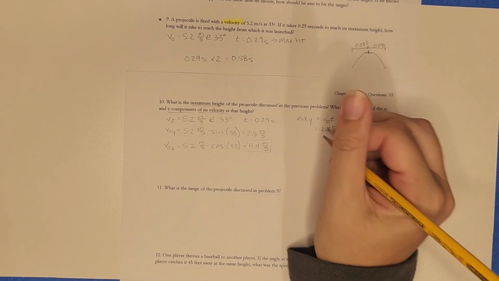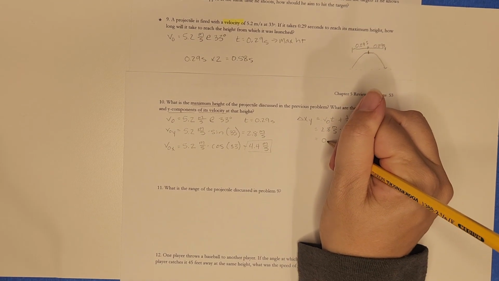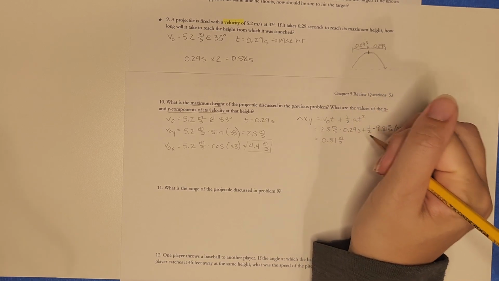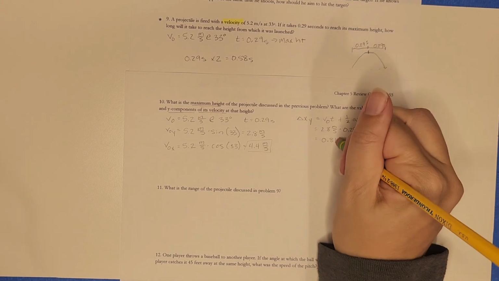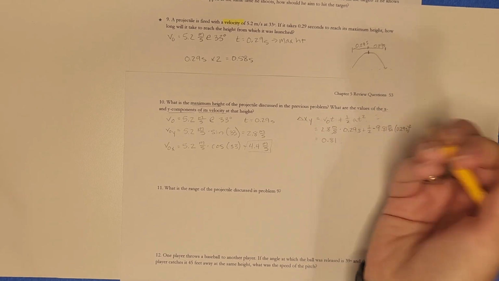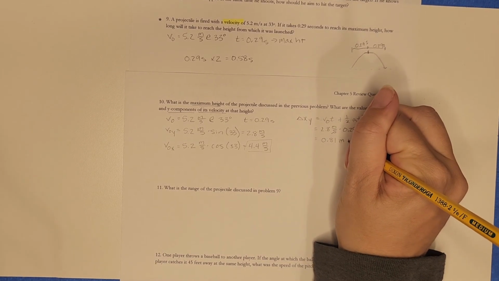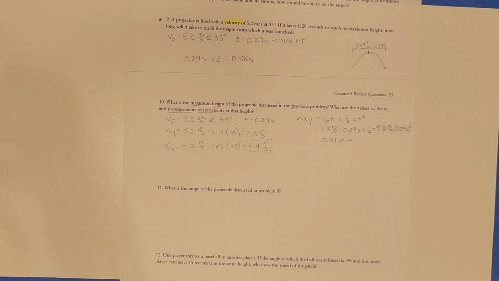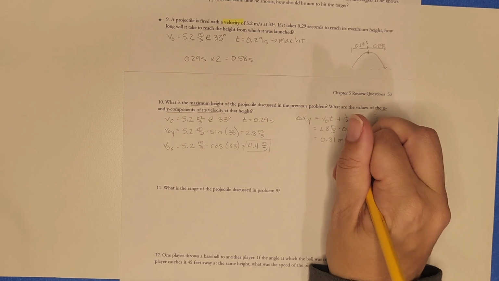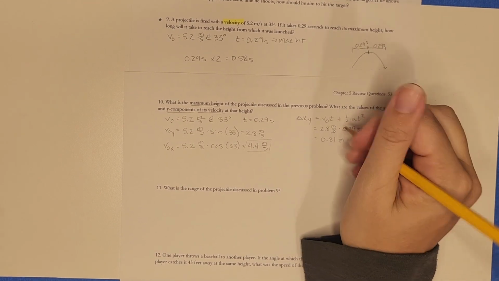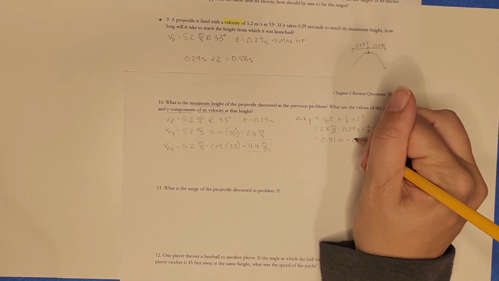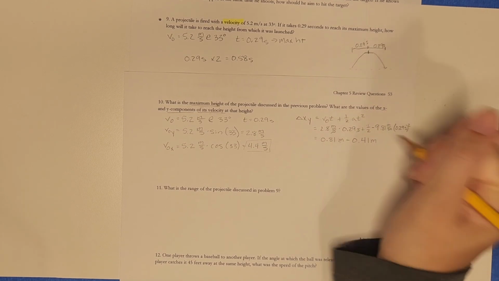Okay, and so when I calculate all that out, I'm going to get 0.81 meters, not meters per second squared, just meters, because seconds is going to cancel out right here. So 0.81 meters plus, this is actually negative because of the negative gravity value, or the negative acceleration. So minus, we'll say, 0.41 meters.